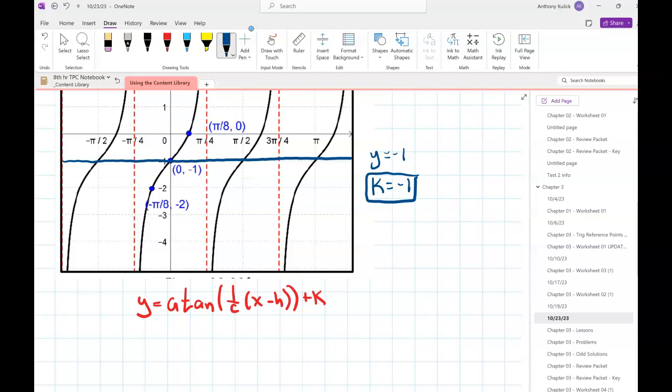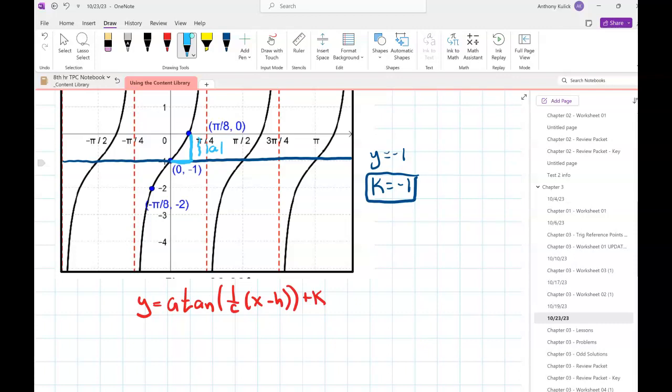Now, the amplitude is usually how we come up with the a value, right? Everybody agree with that? Now, there is no amplitude for a tangent function, but what I can look at is that distance there, which is going to give me the absolute value of a.